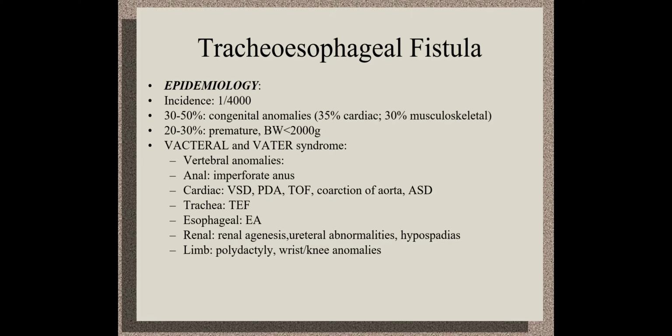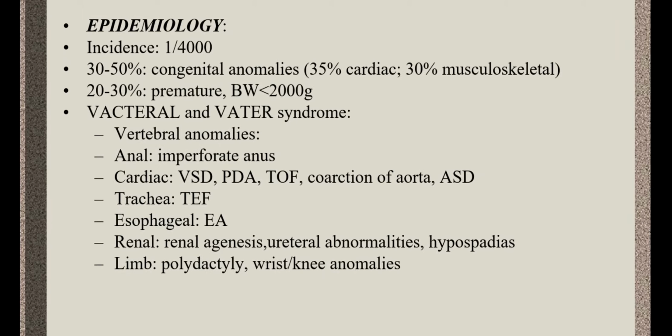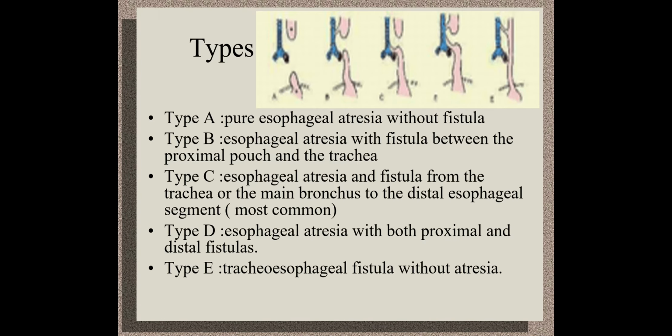VACTERL syndrome includes vertebral anomalies, imperforate anus, cardiac VSD, PDA, tetralogy of Fallot, coarctation of aorta, ASD, tracheoesophageal fistula, esophageal stenosis, and renal agenesis. These are the types of tracheoesophageal fistula. I have another slide more clear.